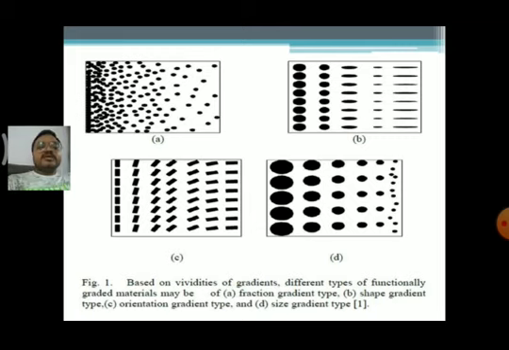So there is a gradual decrease of molecules or atoms in the first gradient type, the fraction gradient type, that is a decrease of the material constituents. The second one is the shape gradient type. In this gradient type, the size and shape of the molecules change across the phase.